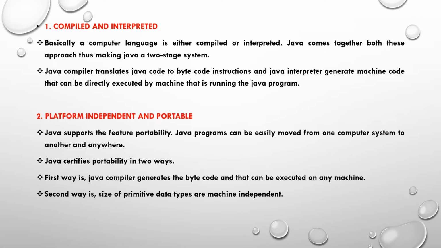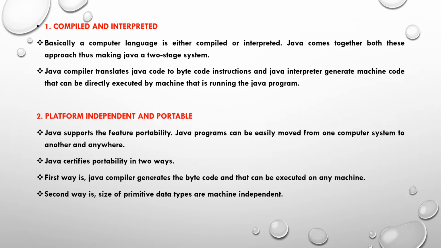Java programs can be easily moved from one computer system to another and anywhere. Java ensures portability in two ways. The Java compiler generates bytecode instructions that can be directly executed on any machine.